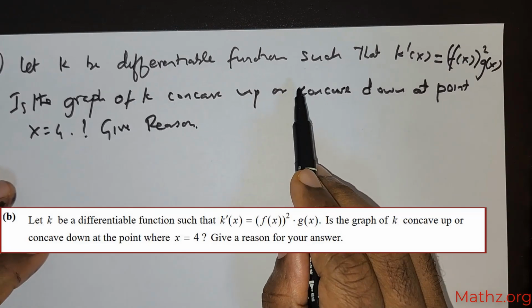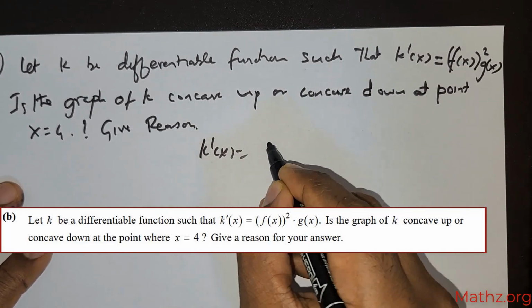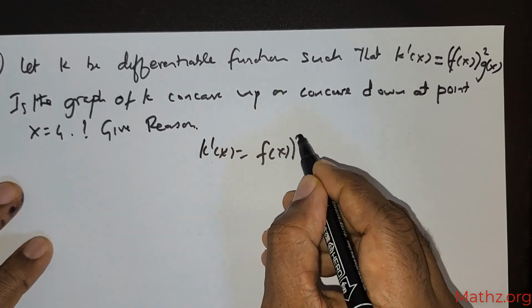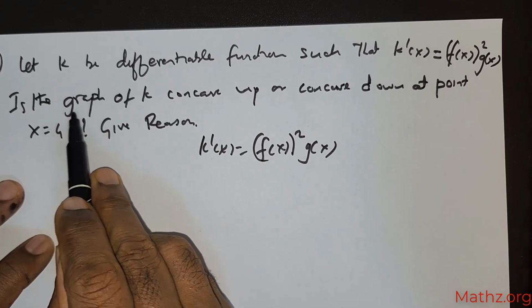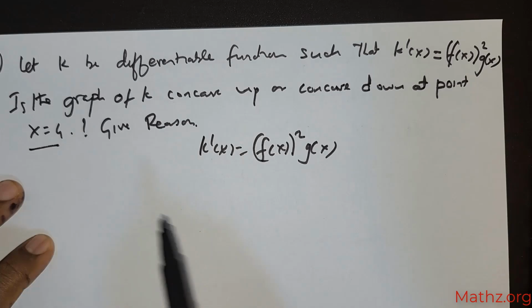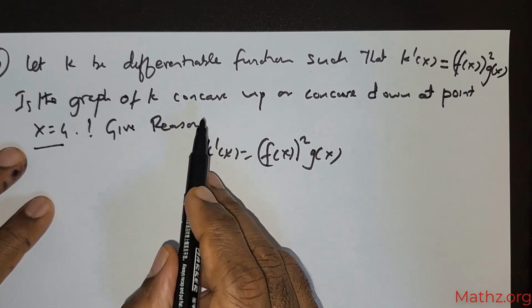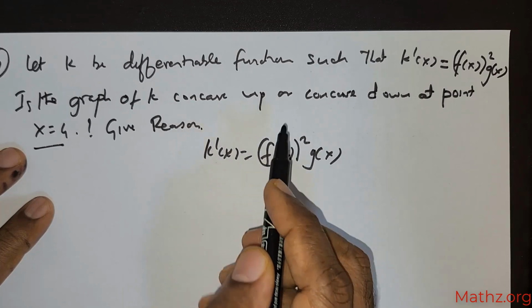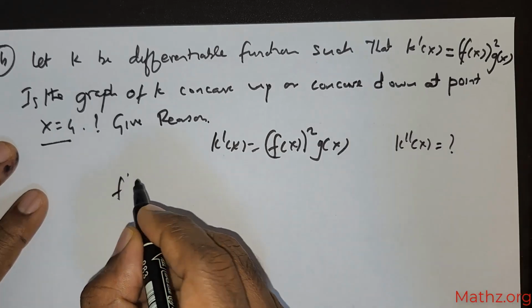Let k be a differentiable function such that k dash of x is given as f of x raised to the power of 2 times g of x. We are asked to find: is the graph of k concave up or concave down at the point x is equal to 4, and we are expected to give reason. Now foremost, to find if the graph is concave up or concave down, we need to get k double dash of x. So let me do that.